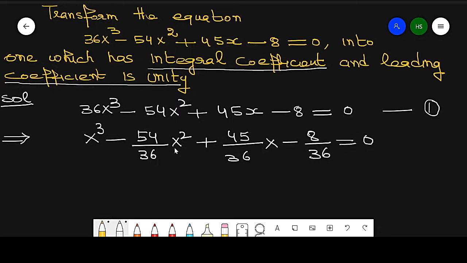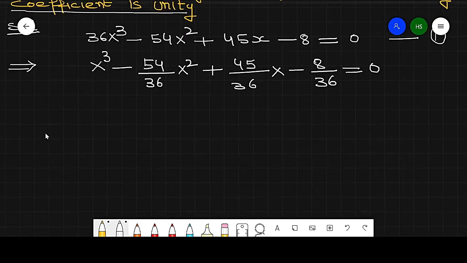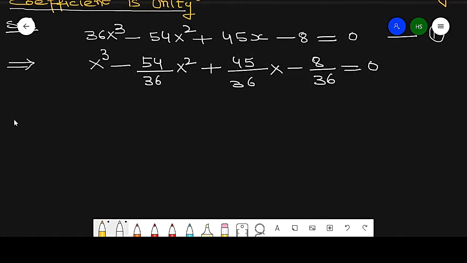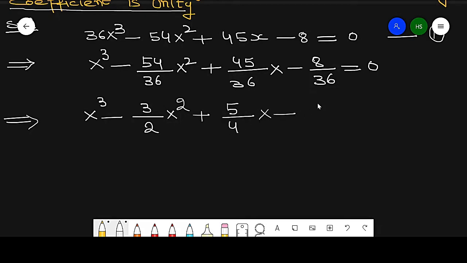Now simplify it. This becomes x cube minus 3 by 2 x square plus 5 by 4x minus 2 by 9 equal to 0. Now the leading coefficient is 1.